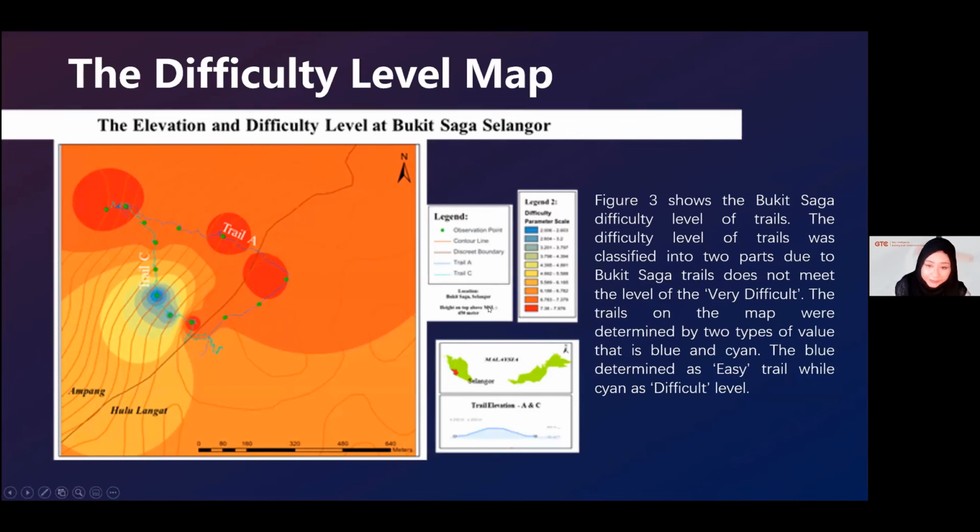Okay. The blue is determined as easy. This one is easy. This is difficult. No, very difficult. Only for the beginner and intermediate hikers, right?